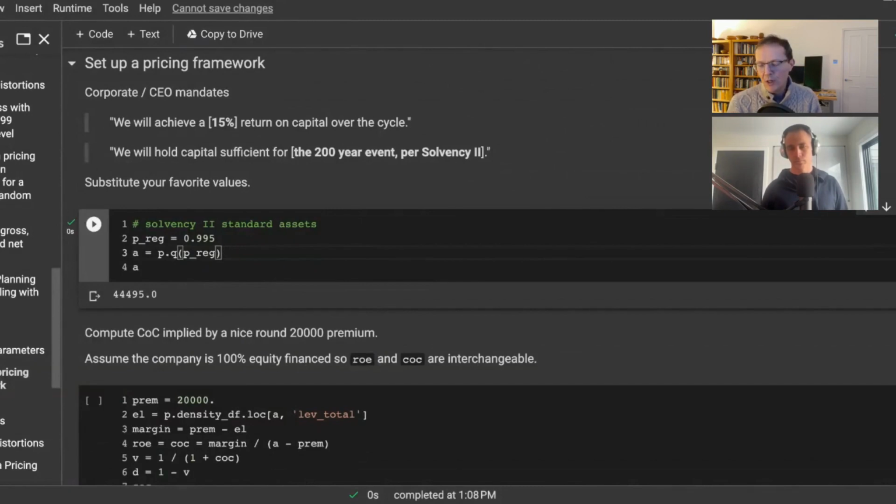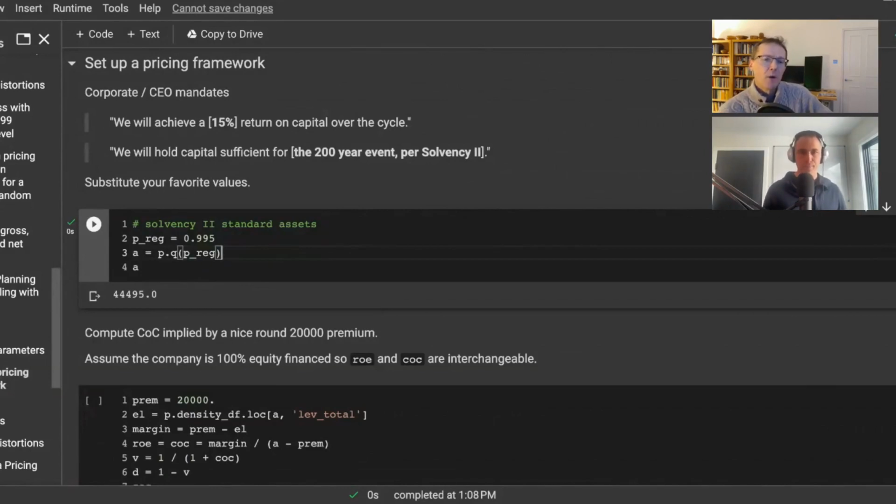You need some sort of baseline that you can consistently compare across methods, because there are just too many parameters. So we need to nail a few things down, then apply a bunch of methods that we believe are broadly consistent, and look at the differences in results. The key difference we're going to look at is how expensive they think cat is versus non-cat, they being the different pricing methods that we're going to apply.